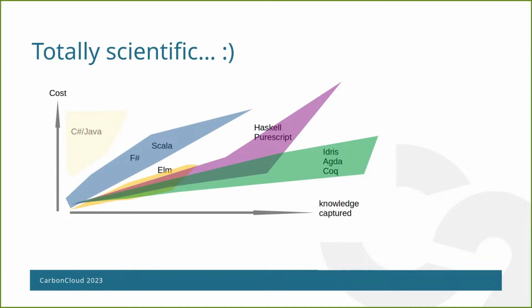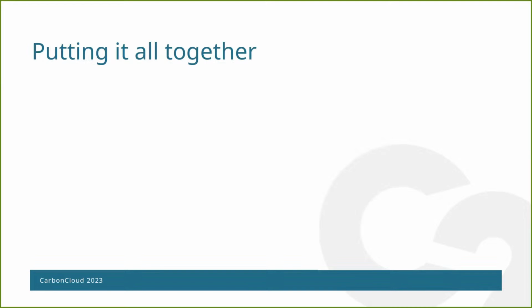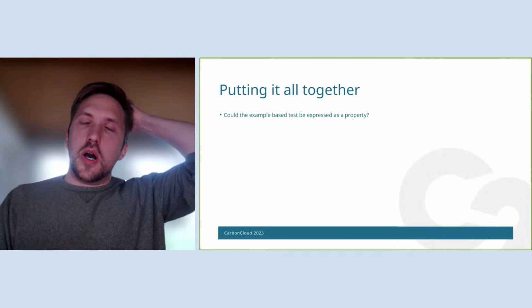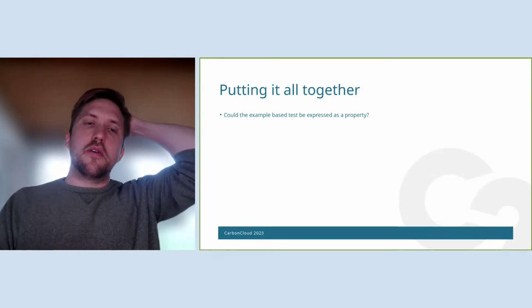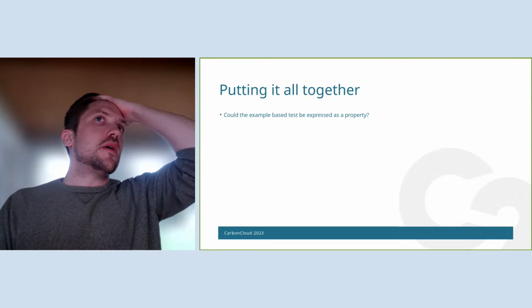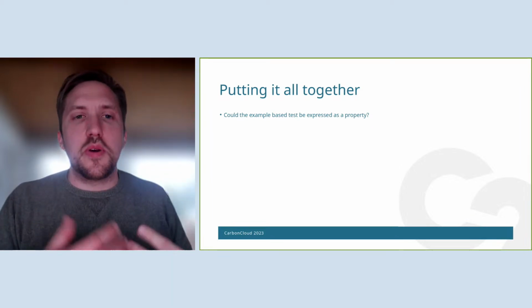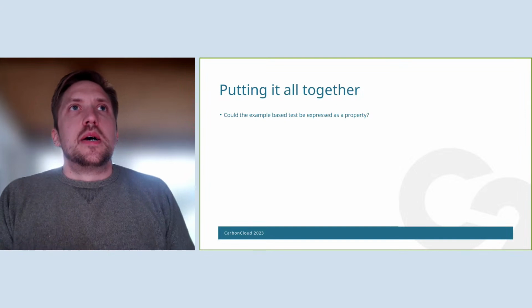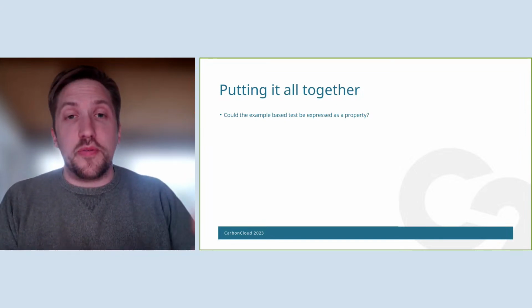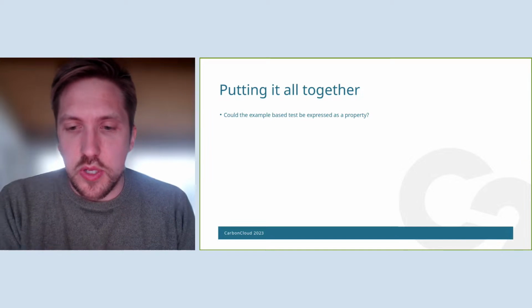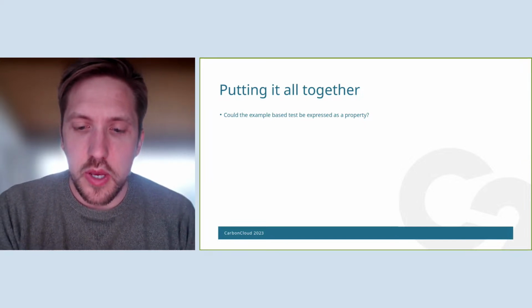And of course Haskell, if you want to push it very far, further than a lot of other languages, starts to get really expensive as well. So if we try to put it all together, I would say: if we write example-based tests, before this input, does it have the correct cardinality?